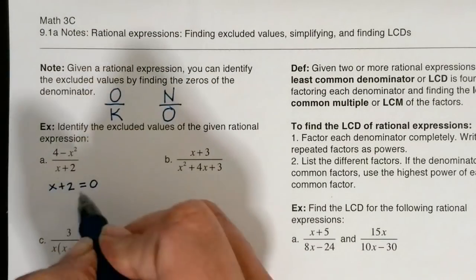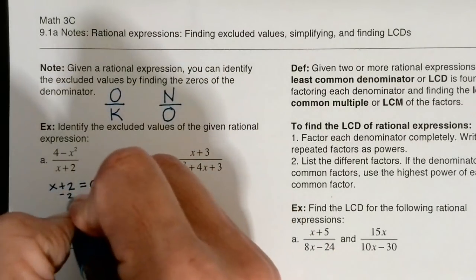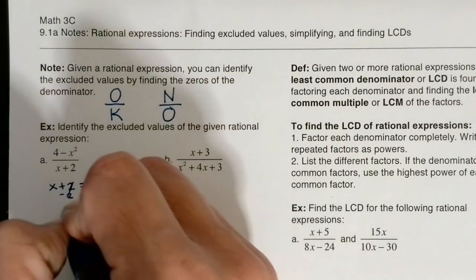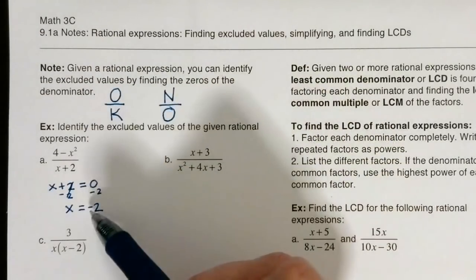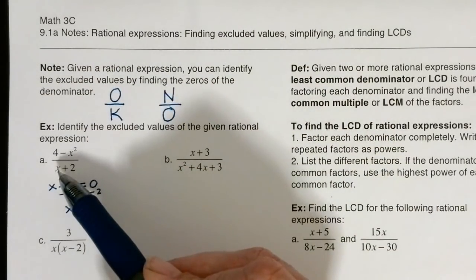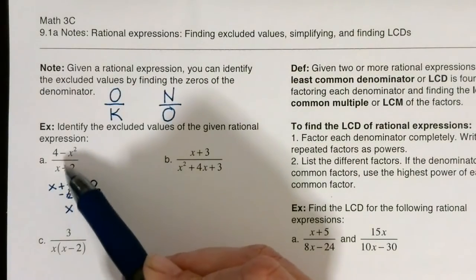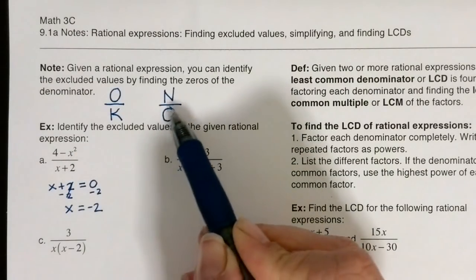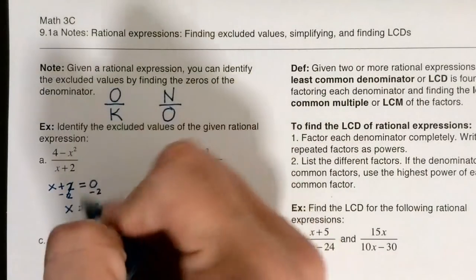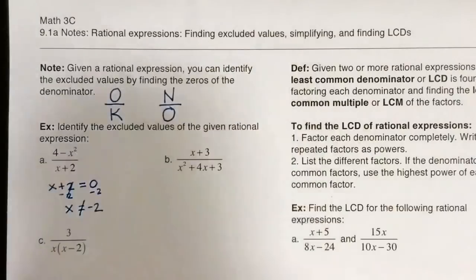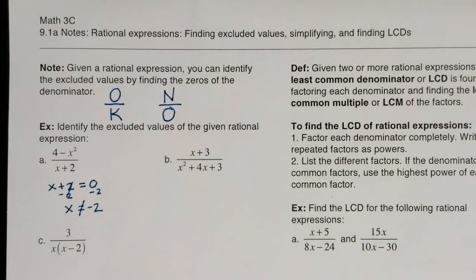Subtract 2, x equals negative 2. What that means is, if I were to plug negative 2 in, negative 2 plus positive 2 would make 0, which would give us a 0 in the denominator, which is not allowed. So instead of saying x equals negative 2, we're going to put a line through it and say x cannot equal negative 2, because that's the excluded value.